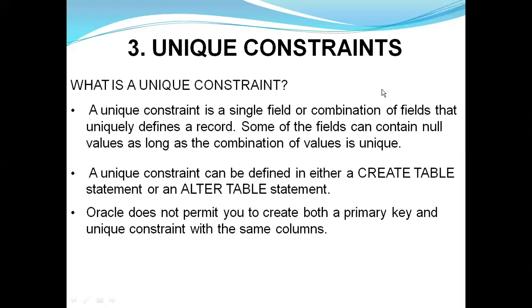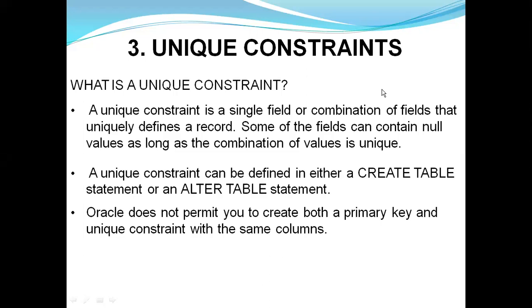So when we have a primary key which does not allow duplicates, why do we have a separate unique constraint? The reason is that a table can have only one primary key, but unique constraints can be multiple. A constraint can be applied more than once in the table except primary key.